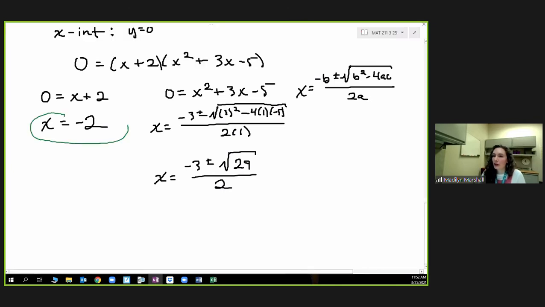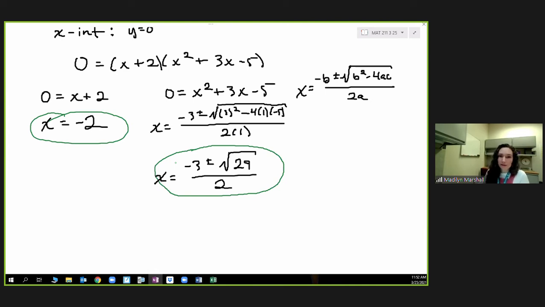So we have 3 x-intercepts, the -2 and the plus or minus from that quadratic formula. And that is all for step 1. We have the intercepts, asymptotes, oh, and the domain.